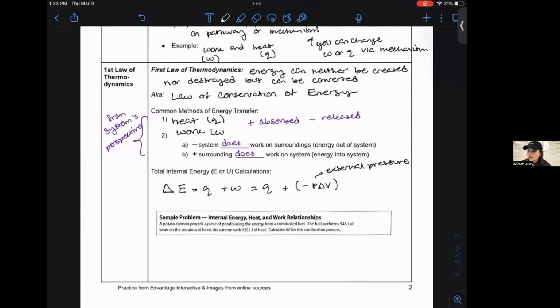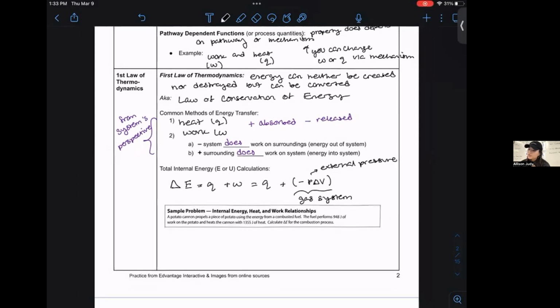Maybe. So this version of this equation would be only used for a gas system. And then we also have another derivation that manipulates the ideal gas law as well.